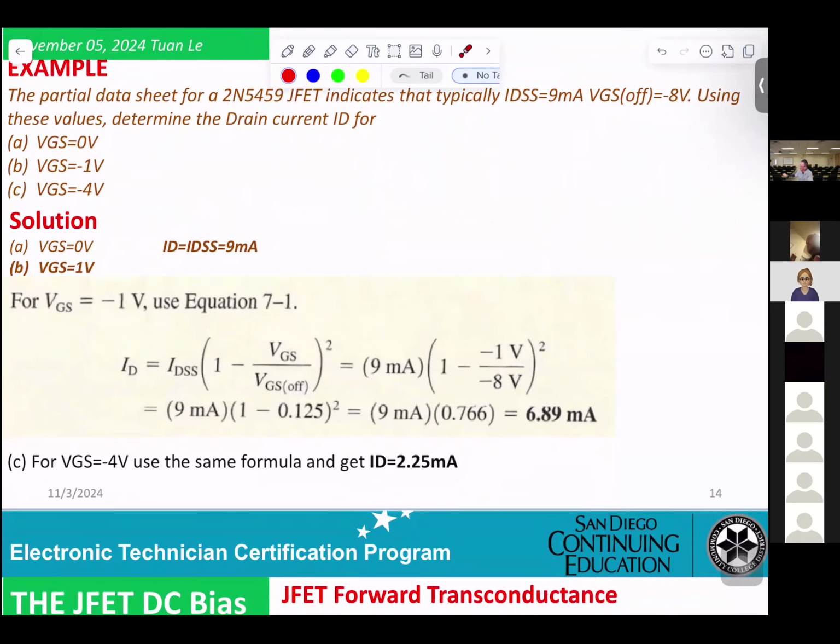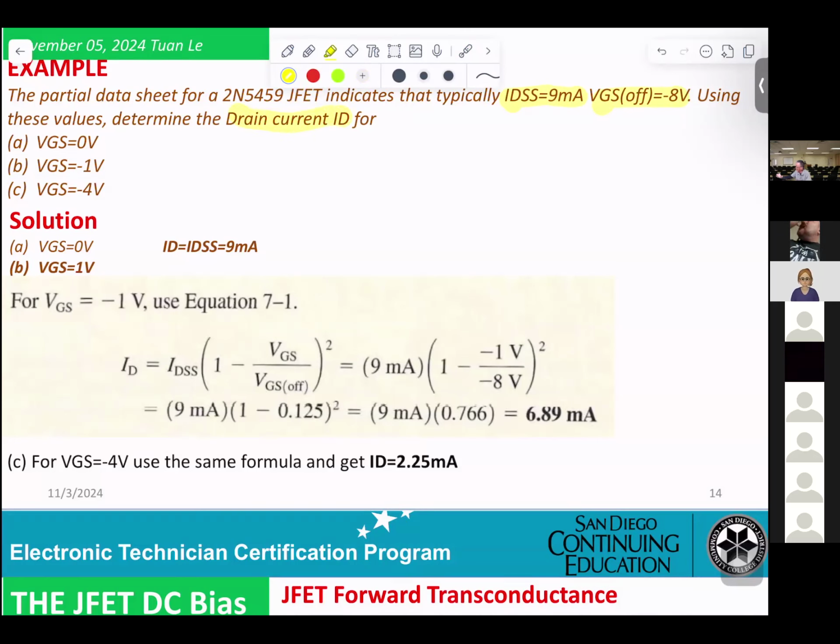Okay, now the partial example. The partial data sheet for the JFET indicates that typical IDSS is 9 milliamp and VGS off is -8 volt. Using these values, determine the drain current ID.